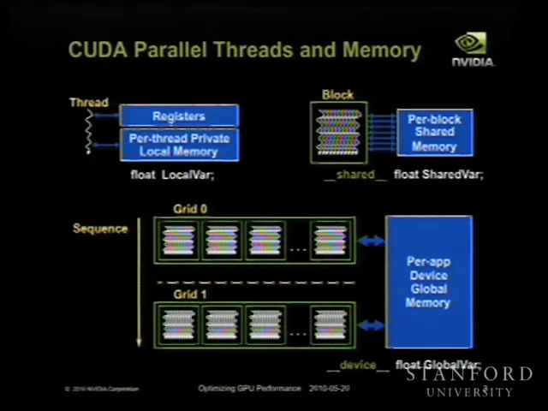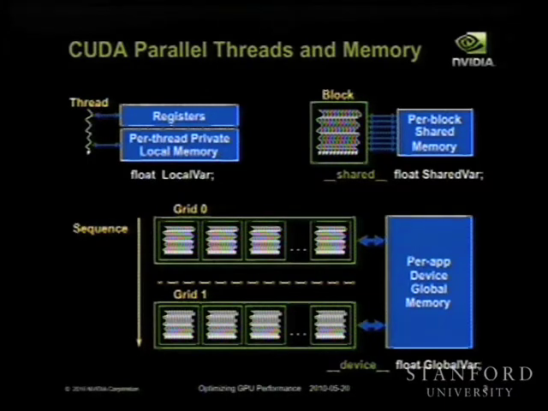And then we have grids, which are sequences or sets of parallel thread blocks. These three levels also have corresponding memories, and they're not memories in the traditional sequential computing sense. They're really the parallel scope or the parallel level of the memory.